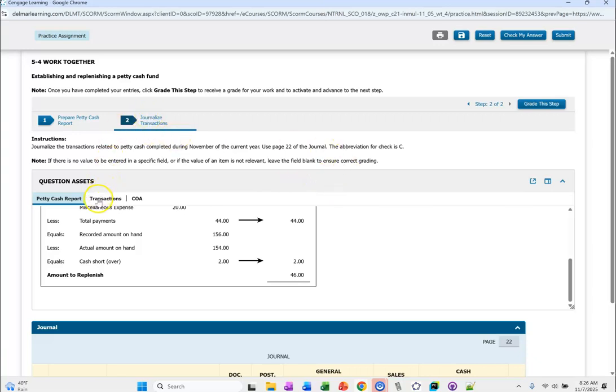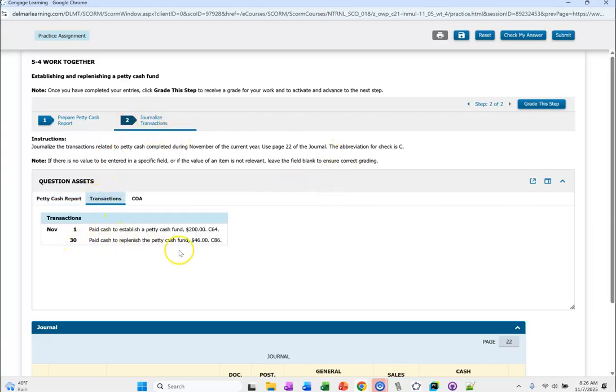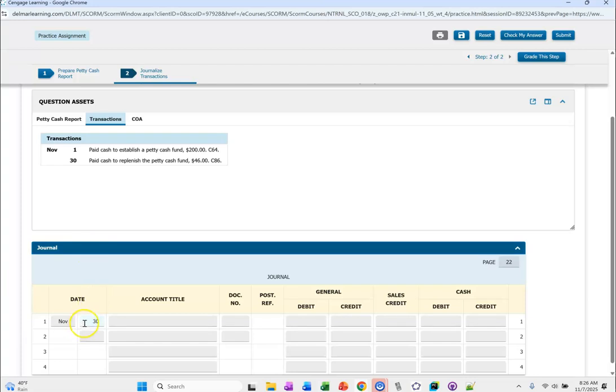Oh, it's probably in the transactions, huh? C64. Oh, I see. Oh, we have that first. Okay. So let's do that first. You're right. Well, we have to do this petty cash, right? So C64. This next one is going to be C86.